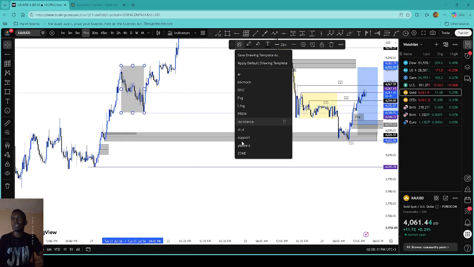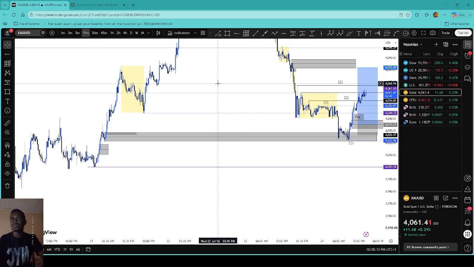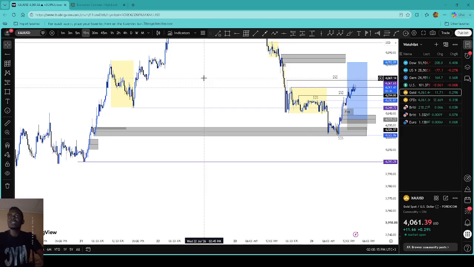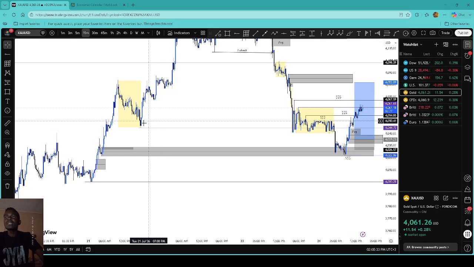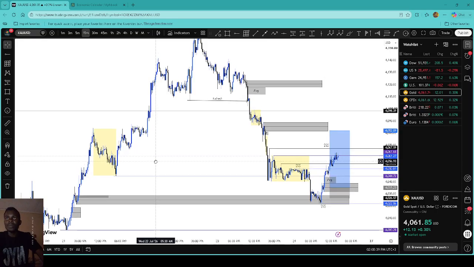Why do I consider this as an inducement? One, price didn't make it to this order block in order to bounce back up. And also we can see price created this point of liquidity over here, giving buyers the opportunity to buy from this point going up.